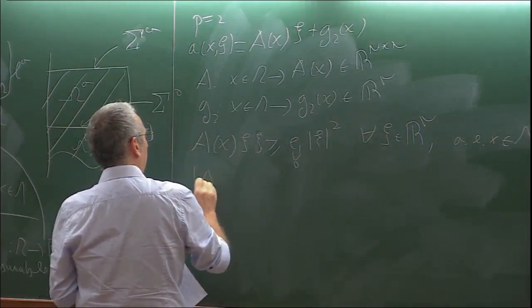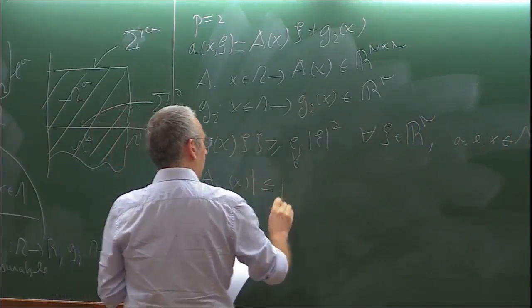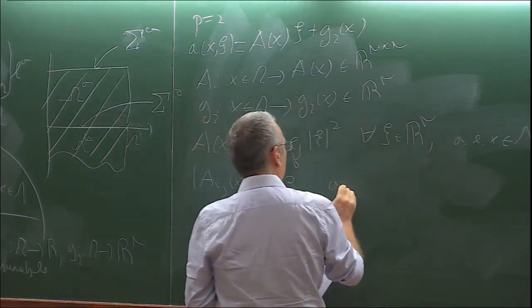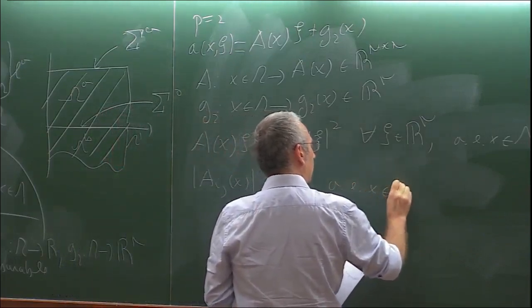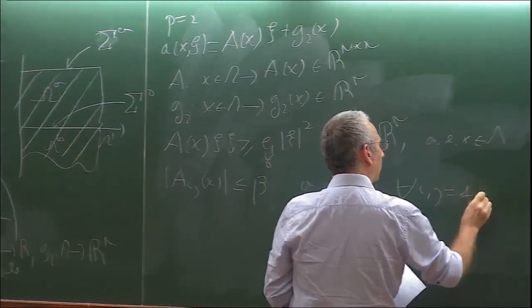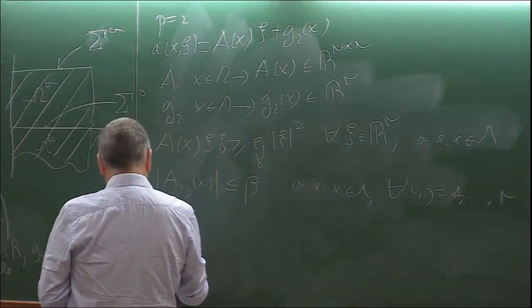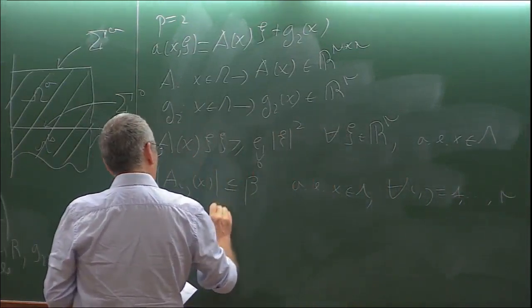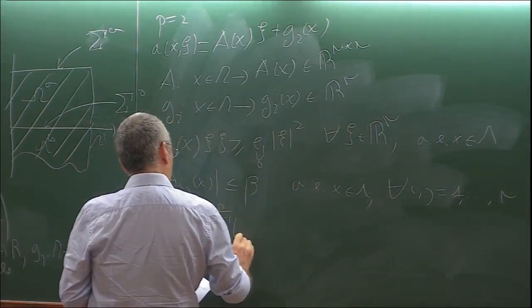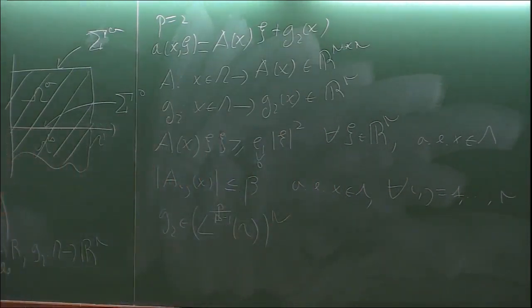The modulus of a_ij of x is less than or equal to beta, almost everywhere x in omega, for every i, j equal 1 to n, and G2 in L^{p'} of omega to power n.